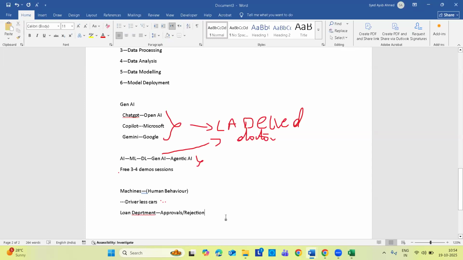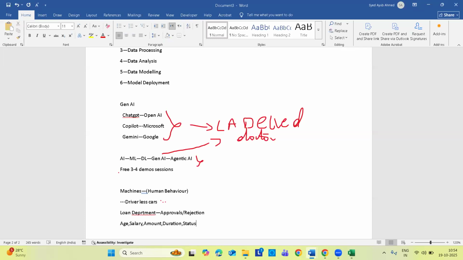For example, they will see factors like age, your salary, the amount, how much amount has to be given as loan, and the duration, and finally the status, whether it is rejected or approved.